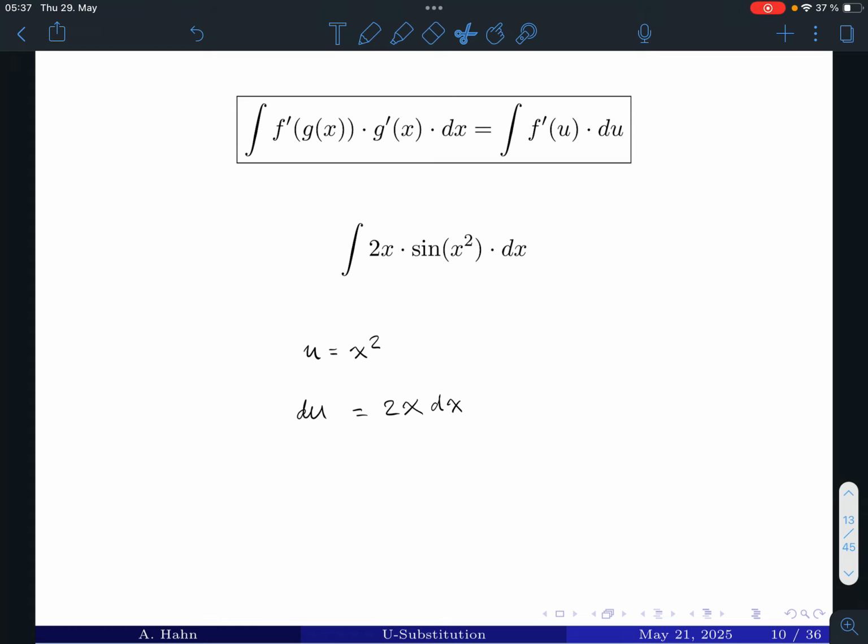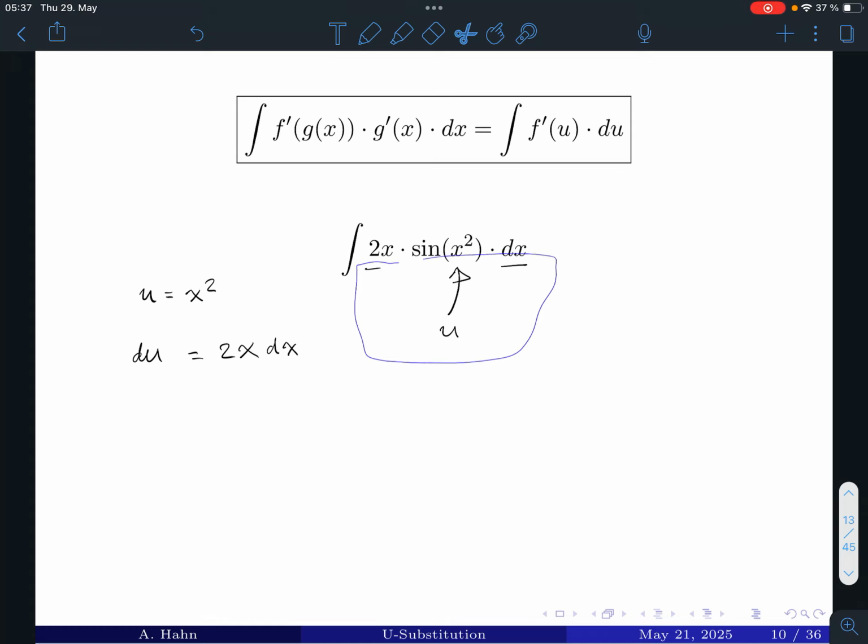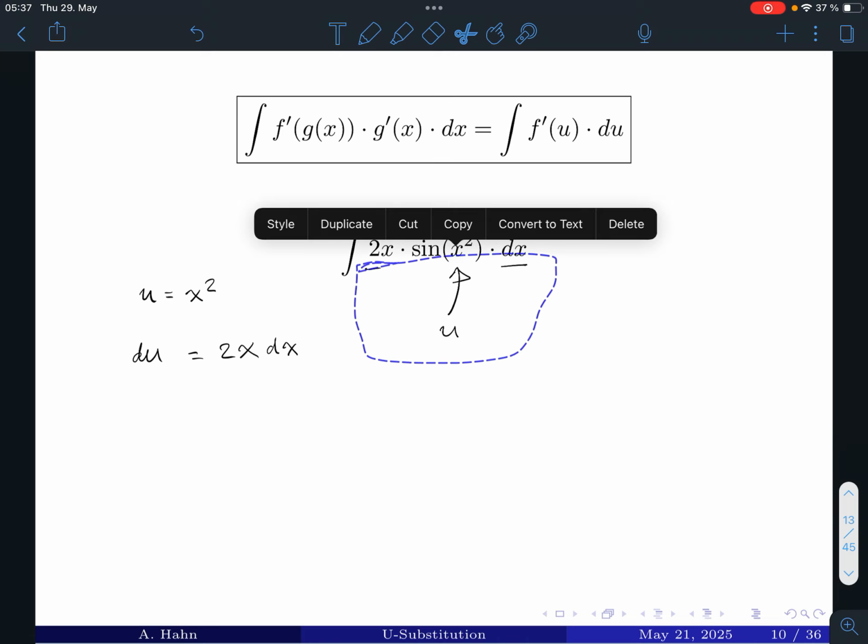And why is that useful? Well, let's move this off to the side. This x squared is going to be our u, and this 2x dx, both of those together, is going to be our du.